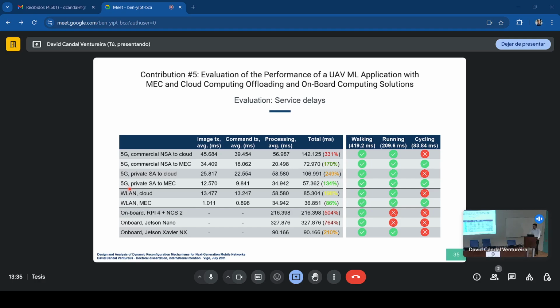Yeah, we did some evaluation in the thesis and in the corresponding journal because we were asked to compare the impact on power consumption of onboard computing boards.